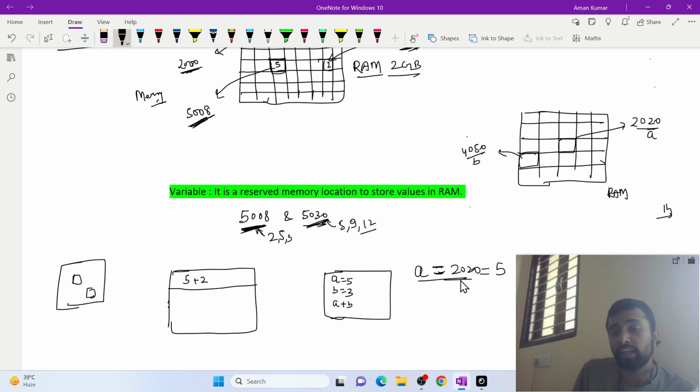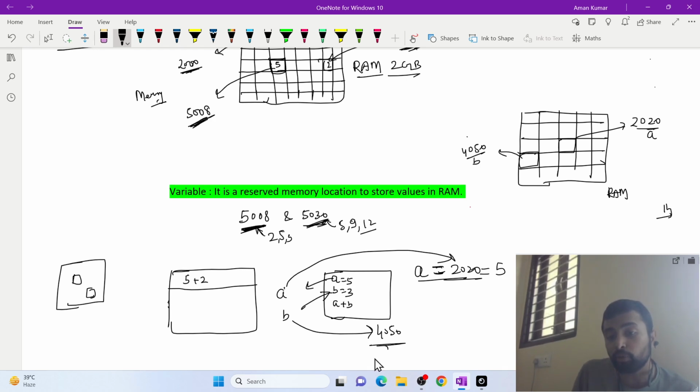So this A is known as a variable, and the name is A. This B is also a variable, and we name it B. But internally A is referring to this memory location, and B is referring to this other memory location. I hope it is clear to you so far.